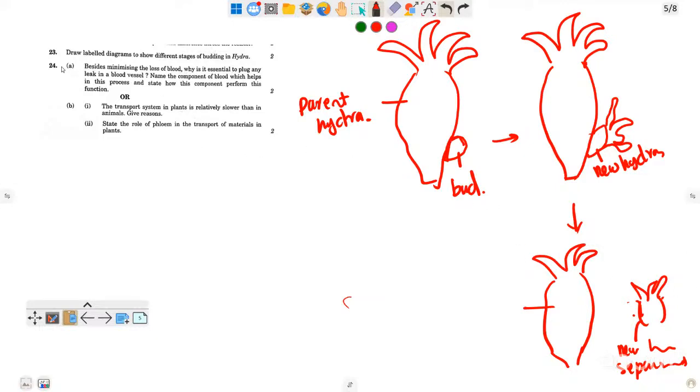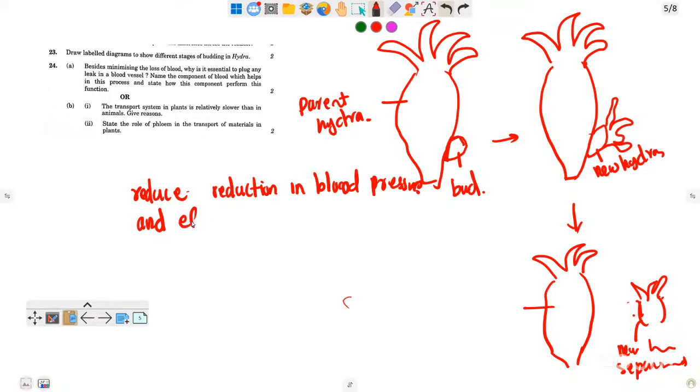Then the next question: besides minimizing the loss of blood, why is it essential to plug any leak in the blood vessels? Plugging the leaks in blood vessels helps prevent the reduction in blood pressure and the loss of efficiency of the circulatory system.